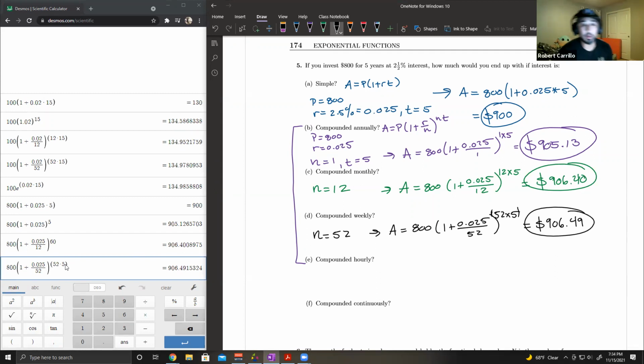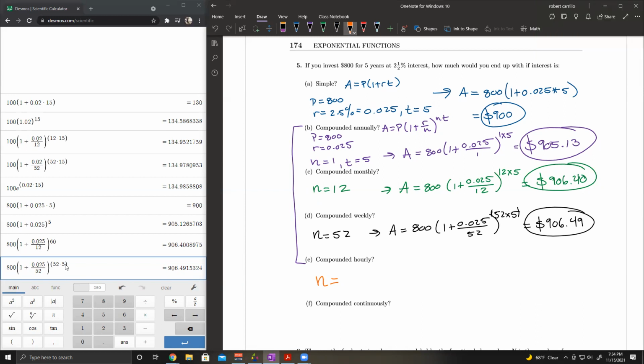Okay, here's one we haven't found out. Compounded hourly. Somebody find out how many hours are in a year. Ask Google or ask Siri or ask Alexa. Ooh, I have Alexa right here. Alexa, how many hours are in a year? 8760.